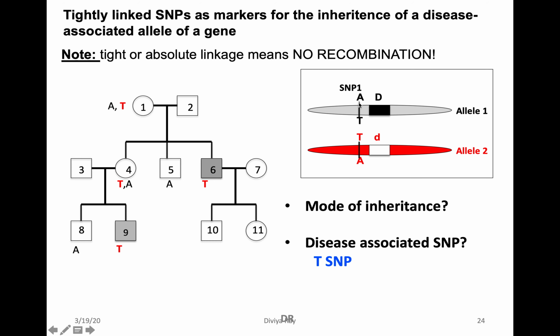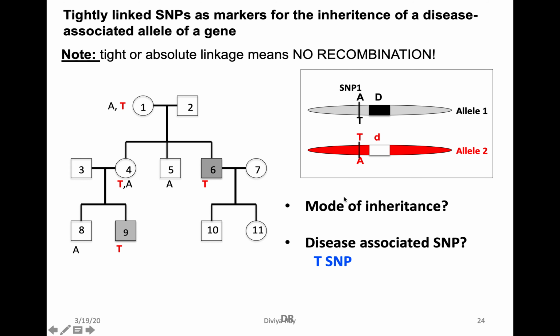So if an individual inherits this chromosome from the dad and this chromosome from the mom, then the SNP profile of that individual is A, comma T. Or you can also say the SNP profile of that individual is T, comma A.